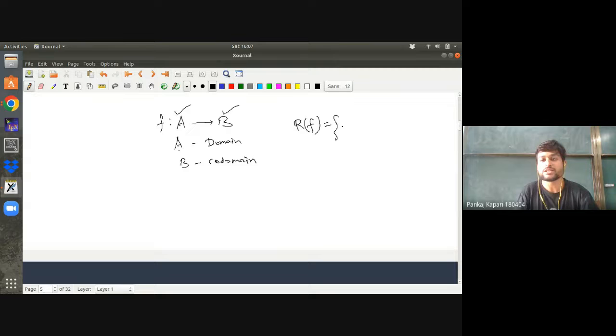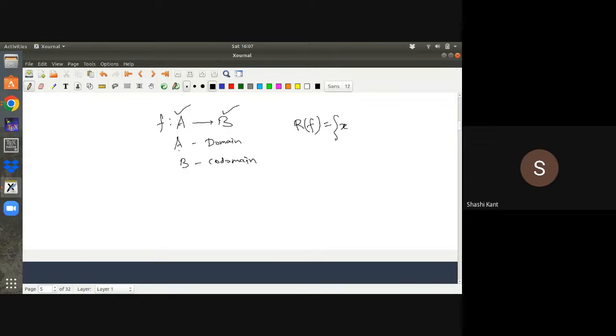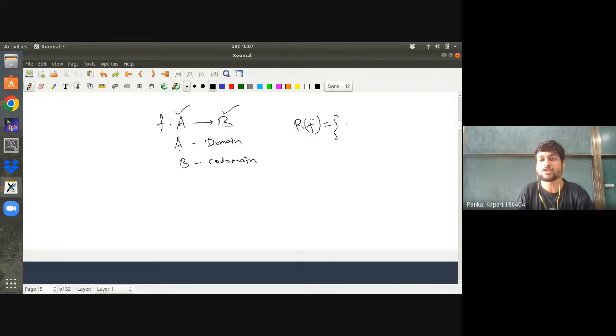So range is all those points that are mapped from A. The map is from A to B, and the range of a function is all the values of the function where x belongs to A. For all the domain values, you take anything from the domain x and take what are the possible images it can have inside B. So the range of a function is always a subset of B. You can always write the same function as from A to the range of f.